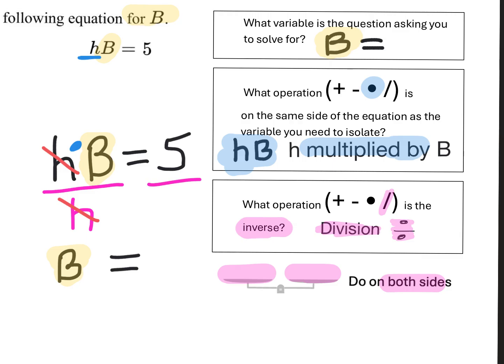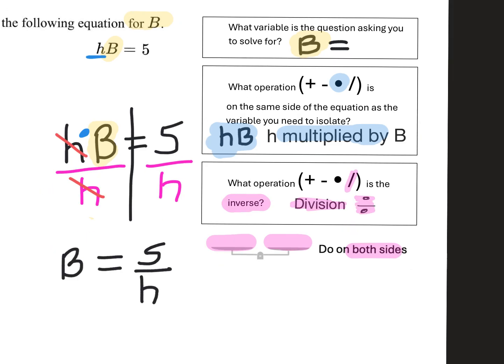So I'm also going to divide my other side of my equal sign, which is my 5, by h as well. And since I don't know what h is equal to, there is nothing else I can do in this problem, but I have satisfied my goal because the b is isolated.